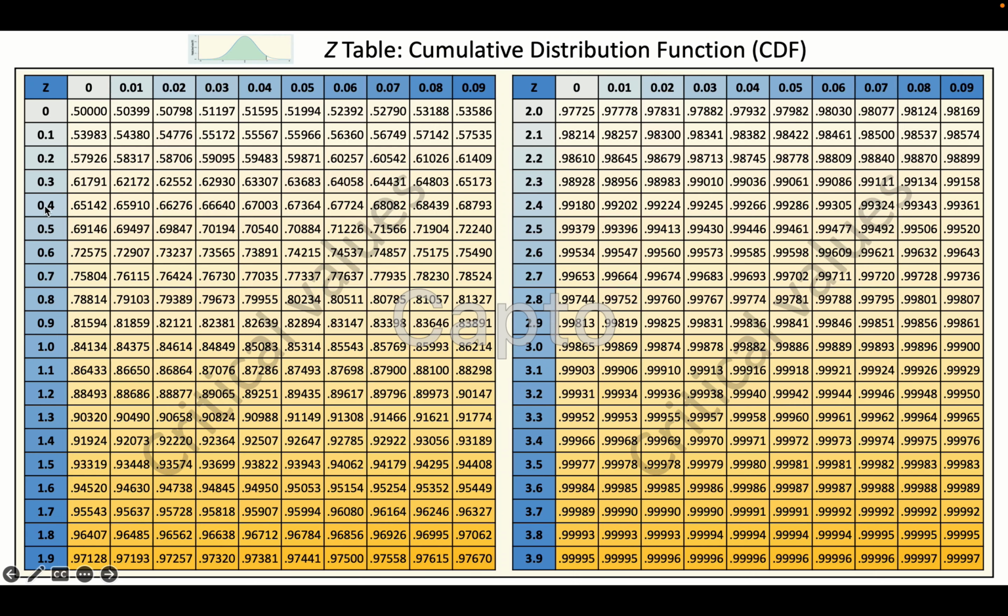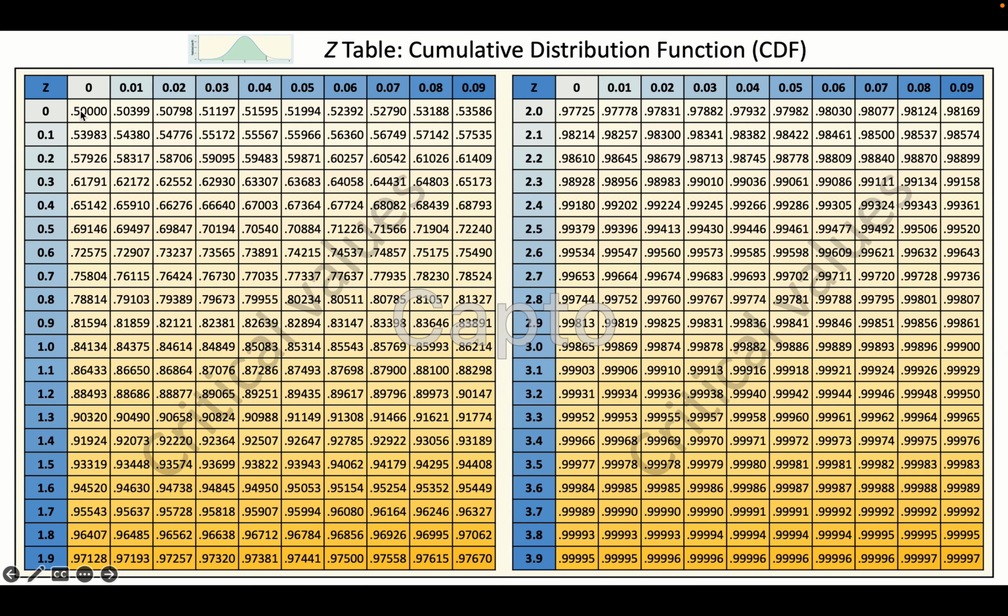So what you can see here is the actual Z-score, right? The Z-score begins from 0 here, in my example, to 3.9, right? Like I said, a Z-score of 0.0, which is exactly this corner, corresponds to an area under the curve of 50%, okay?